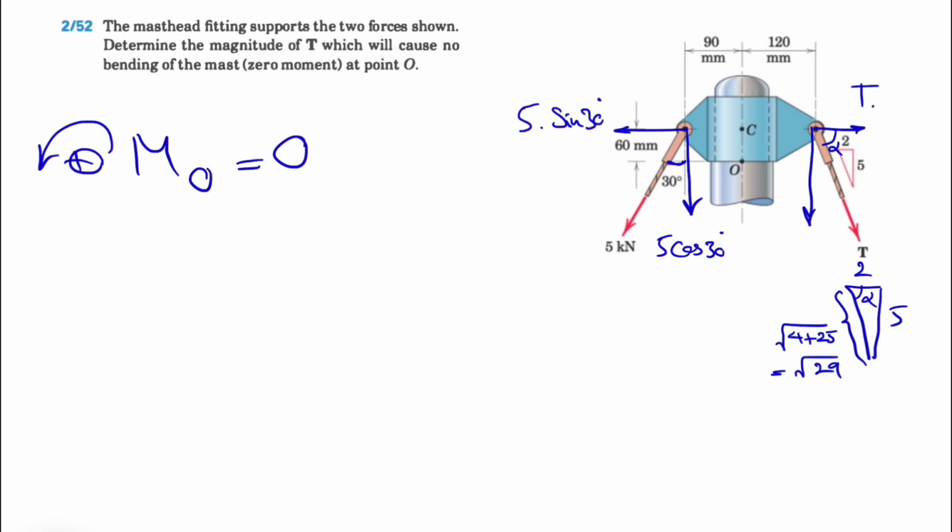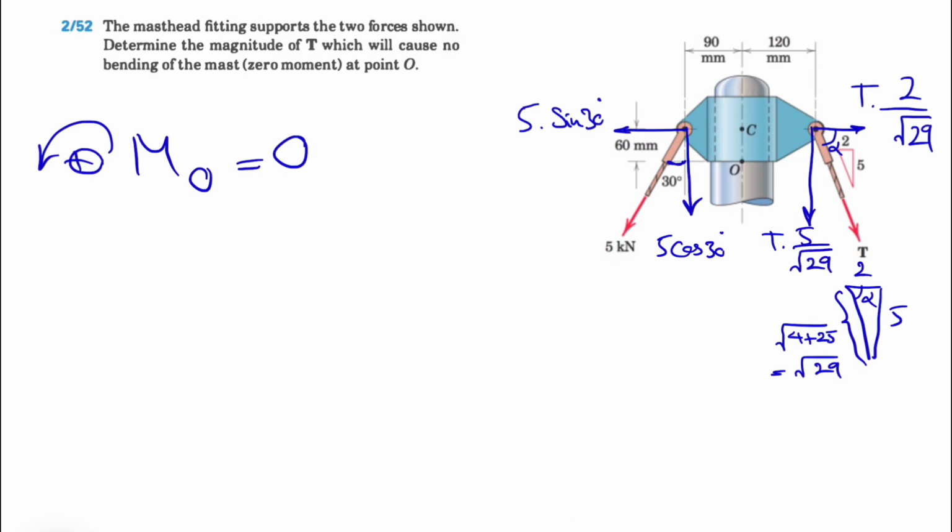Angle alpha is here, so the horizontal component will be T times cosine of alpha, which is adjacent over the hypotenuse, 2 over square root of 29, and the other will be T times sine of alpha, which is 5, or opposite, divided by square root of 29.